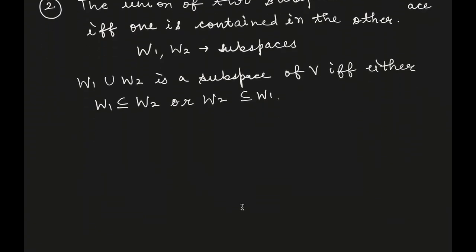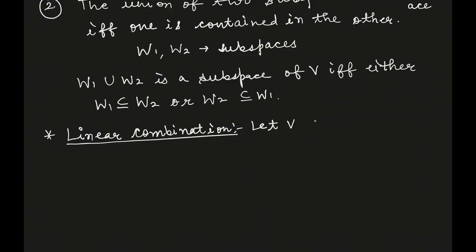Now next is linear combination. Let V over F be a vector space.